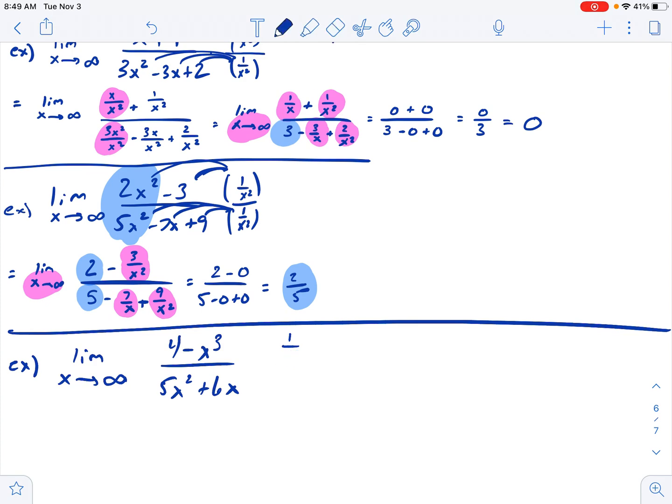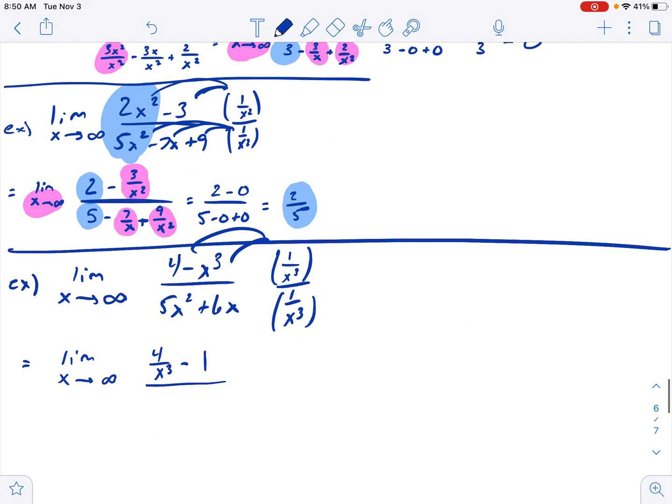Clean that up a little bit. And we'll distribute. So this is going to become the limit as x tends to infinity. We're going to have 4 over x cubed minus 1 in the numerator. It looks like now 5 over x plus 6 over x squared.